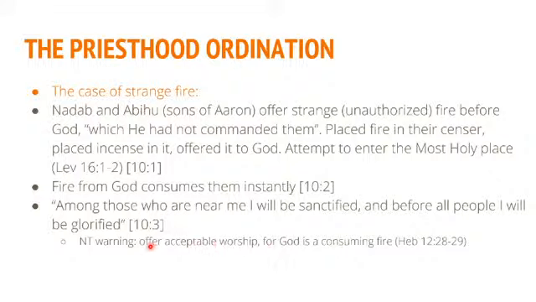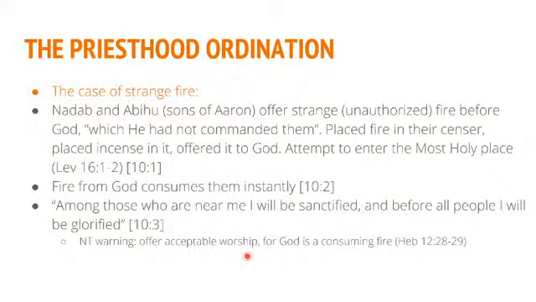And what is frightening about this is that we have in the New Testament two people, just like Nadab and Abihu, who wanted to offer a worship to God which was unacceptable, right? We're talking about the two people in the New Covenant who came in the book of Acts.